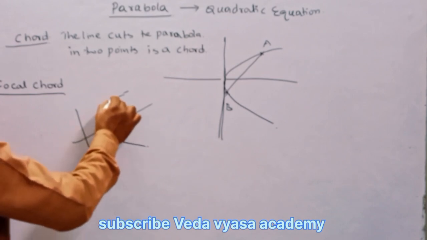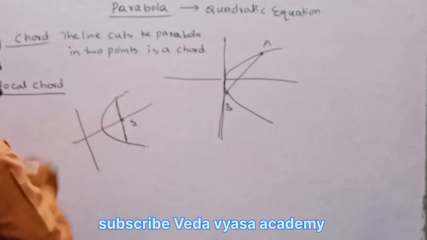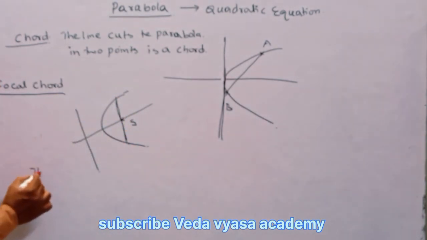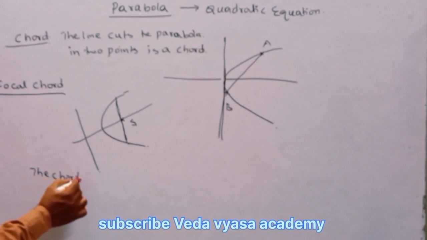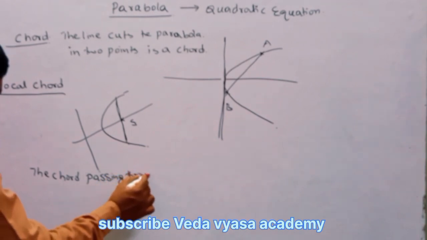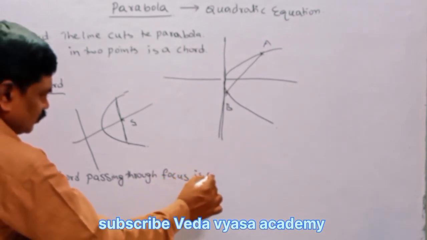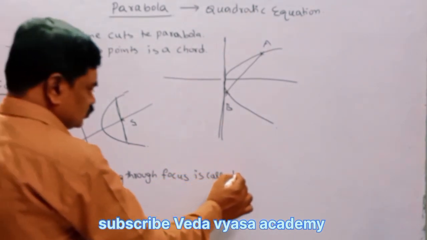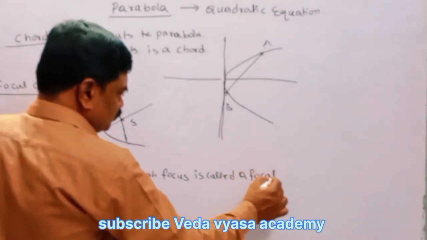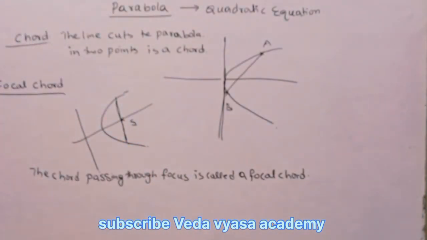The chord passing through the focus is called a focal chord.